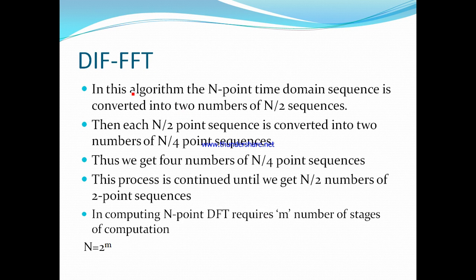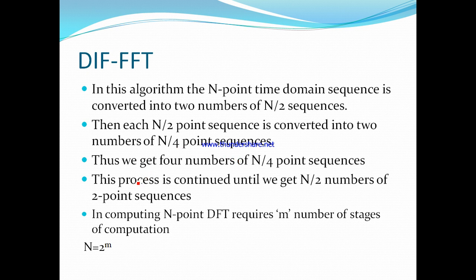Next one, DIF FFT: decimation in frequency fast Fourier transform. In this algorithm, the N-point time domain sequence is converted into two N by 2 sequences. Then again each N by 2 sequence is converted into two N by 4 sequences.